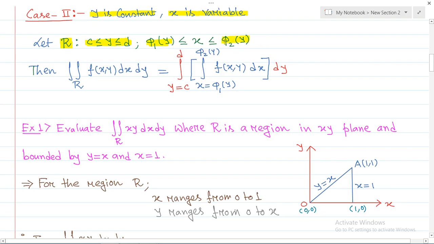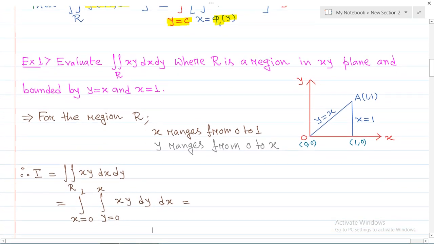Since the x limit is variable, we have to integrate f of xy first with respect to x, and thereafter with respect to y. So the y integration will be outside, c to d, and inside we first integrate with respect to x, with x limit phi1 y to phi2 y, f of xy dx. Thereafter we perform the outer integration.